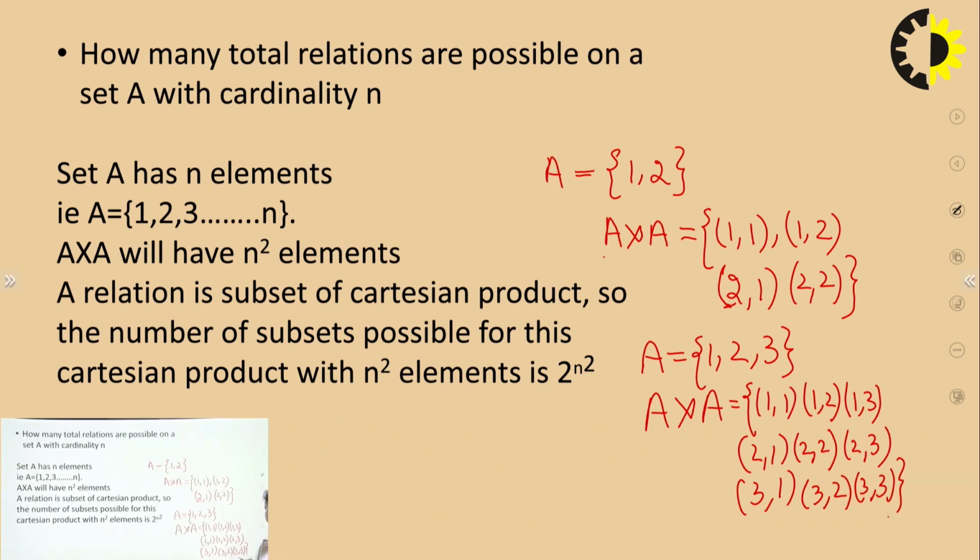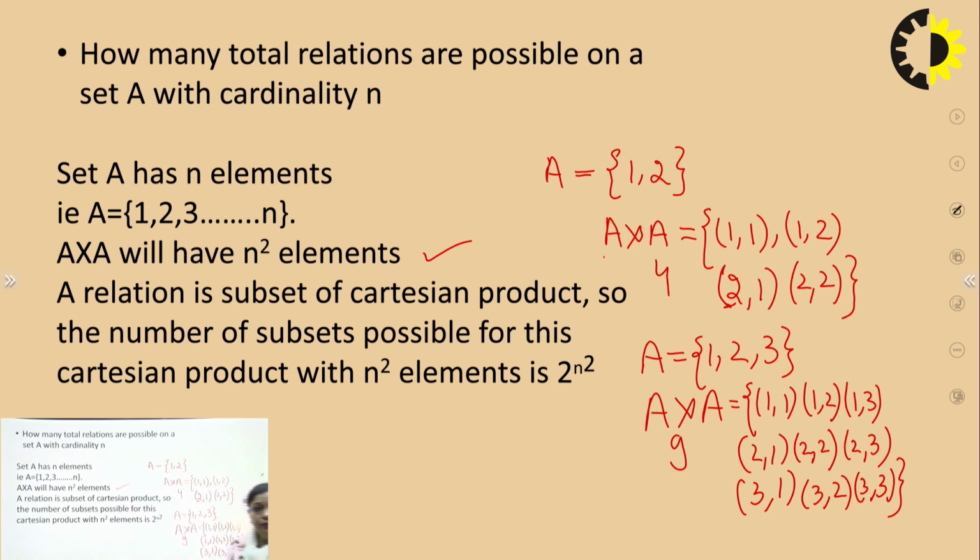So when I have 3 elements in A, my A cross A has a total of 9 elements, and when I have 2 elements in A, my A cross A contains 4 elements. So I can see that when I have n elements in A, my A cross A will contain n square elements.